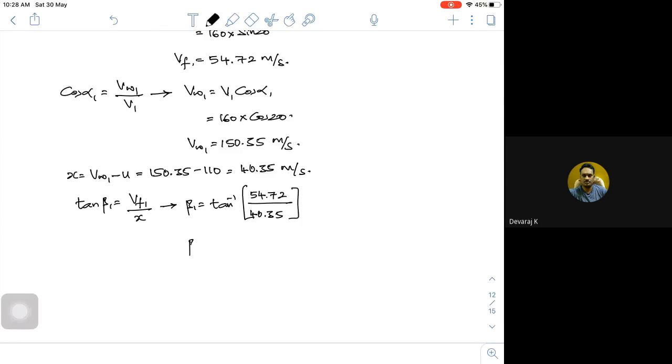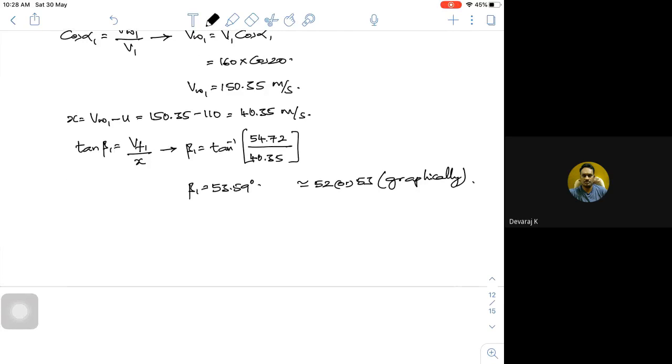So beta 1 is equal to 53.59 degrees. See, the same thing if you try to do graphically using the graph sheet, you may get around 52 or 53. This is about your beta 1.